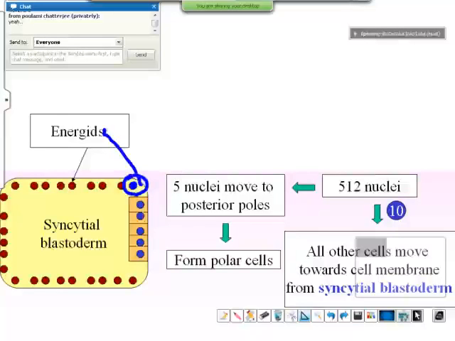So what is an energid? Energid is equal to nucleus plus local cytoplasm, and that local cytoplasm is called cytoplasmic island.